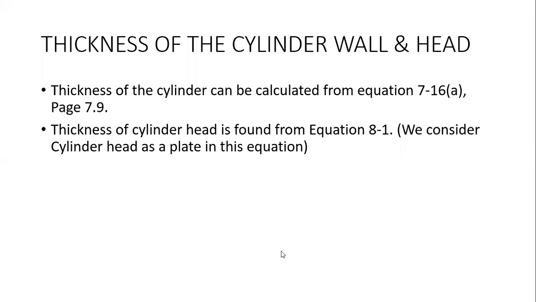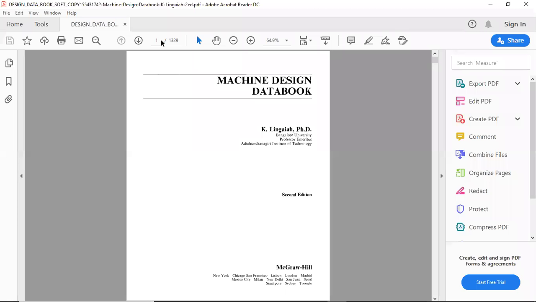Now when you get into the thickness of the cylinder, let's go to chapter 7. It may be around page 300 or something like that.